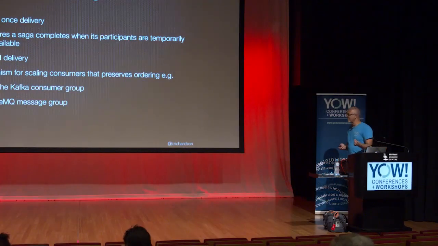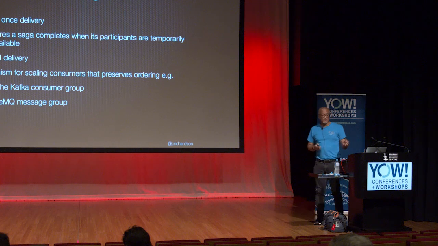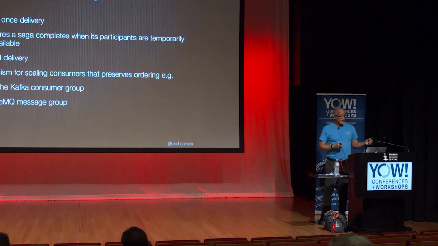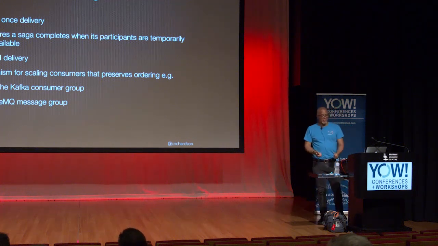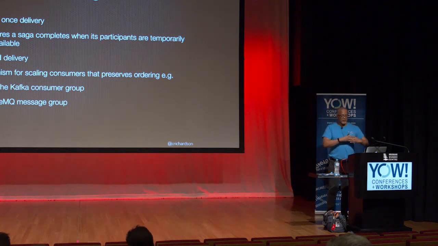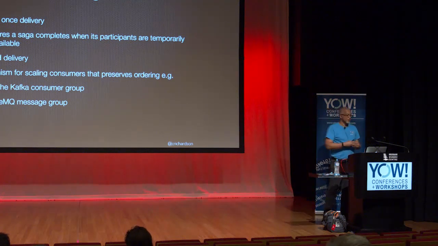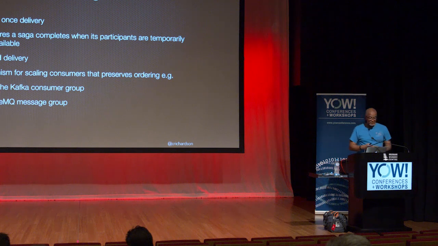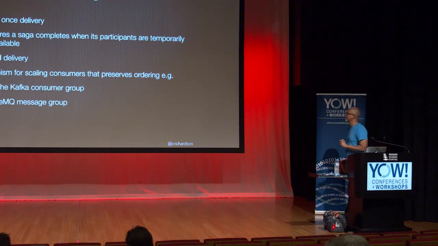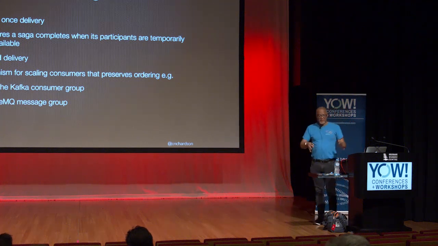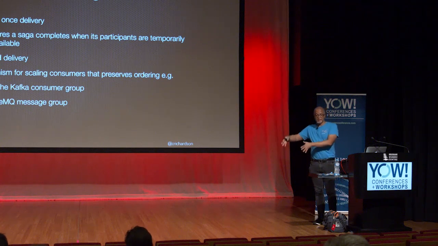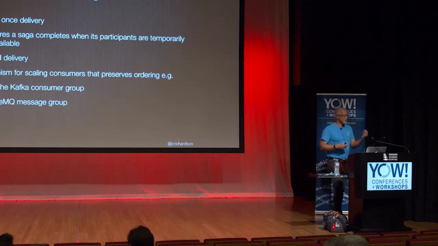You use a message broker that gives you at least once delivery. That means that if the order service performs one step and publishes a message, the message broker will keep trying to deliver that message to the customer service, and handle the scenario where the customer service is temporarily unavailable. And so this means that once the saga has started, it is guaranteed to complete, even if some participants are temporarily unavailable.